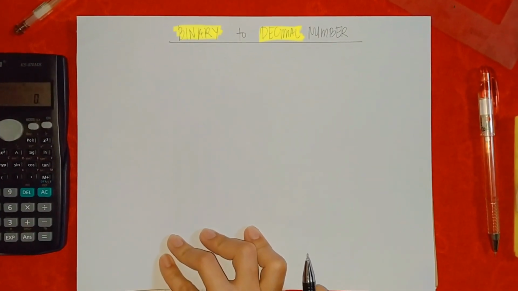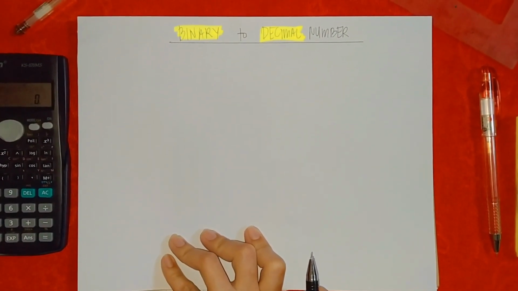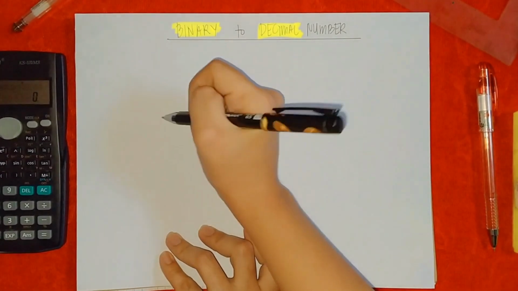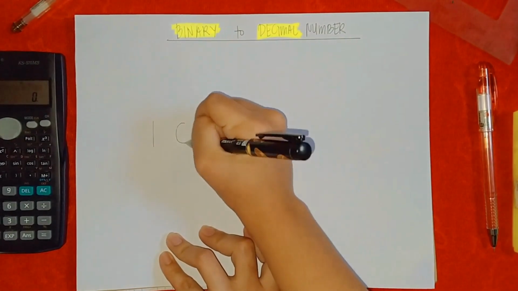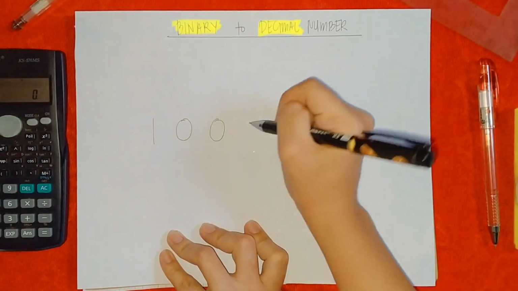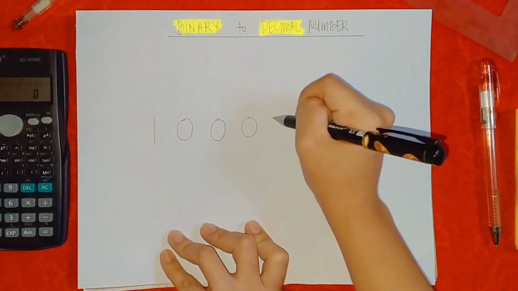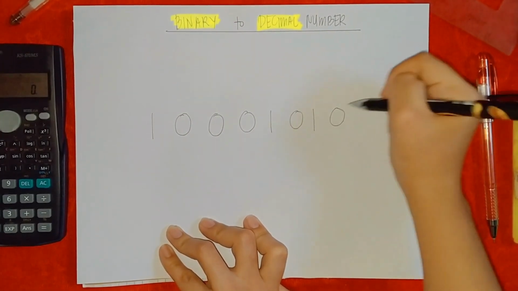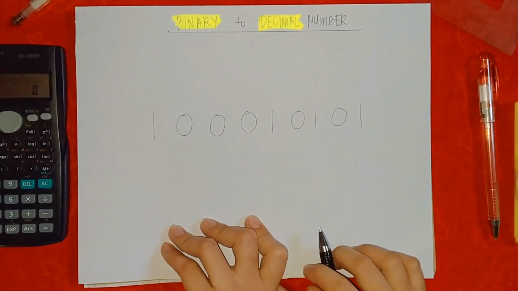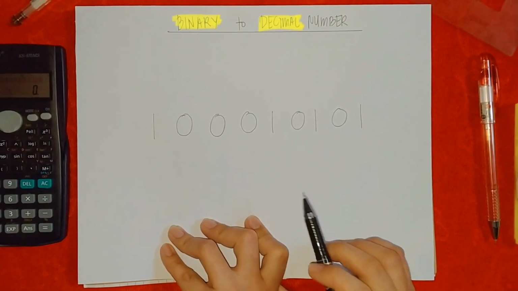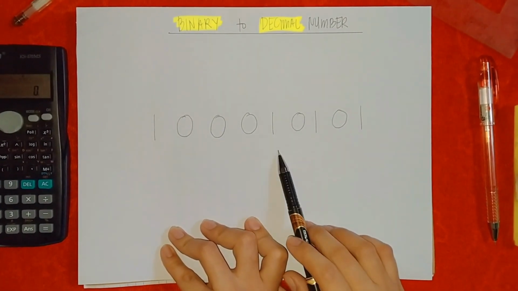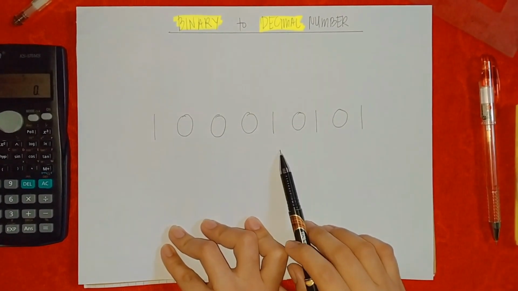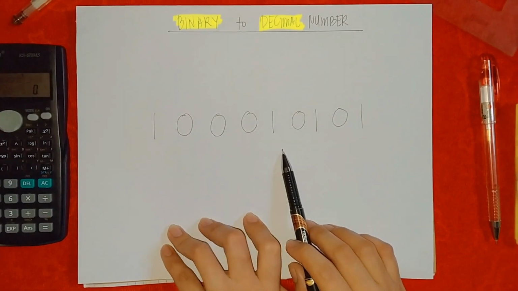So let's proceed to our last example. The binary number is 1, 0, 0, 0, 1, 0, 1, 0, 1. Our goal for this example is to get the decimal number, which is 277.